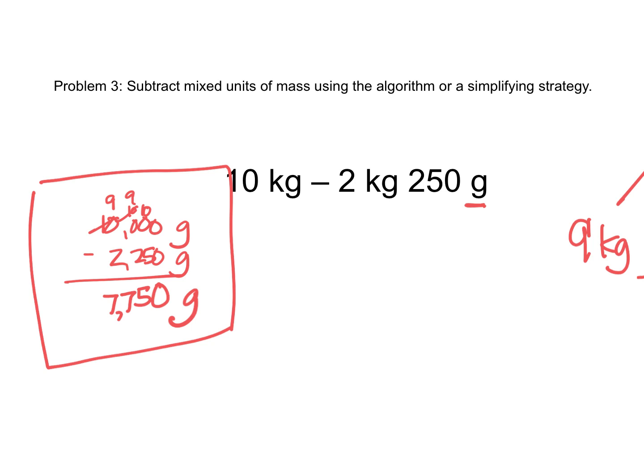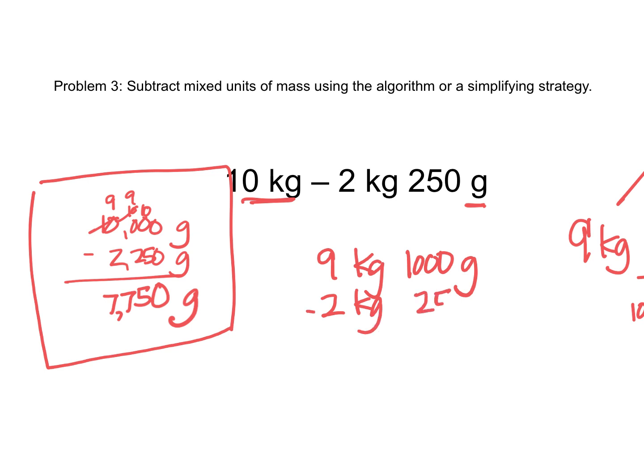So these two together are equal to 10 kilograms. So I'm going to turn my 10 kilograms into 9 kilograms, 1,000 grams. Now I can subtract my 2 kilograms and 250 grams.